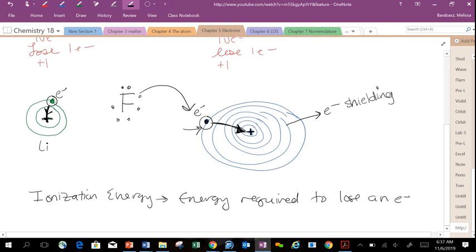So if we look at these that we are comparing, the lithium is going to have a high ionization energy, meaning it is going to take a lot of energy of fluorine to take an electron. So this is a high ionization energy, meaning it takes a lot of energy to take an electron from it, where this is going to have a low ionization energy. Pretty easy for another atom to come and take an electron from it. Okay, so it's pretty easy for this one to lose an electron.